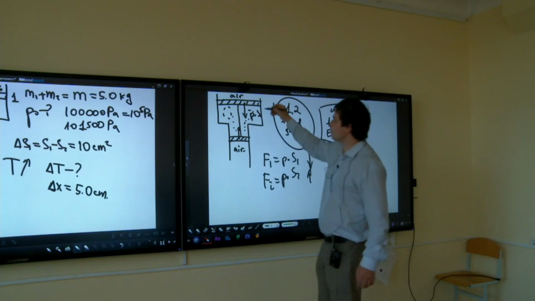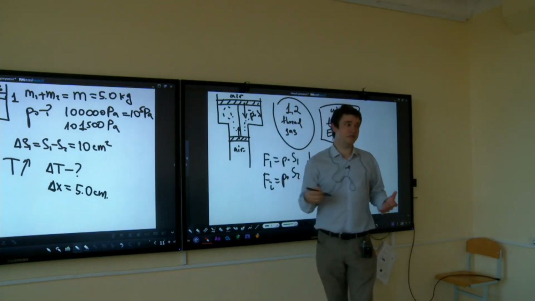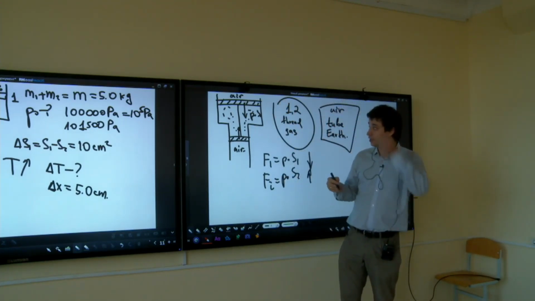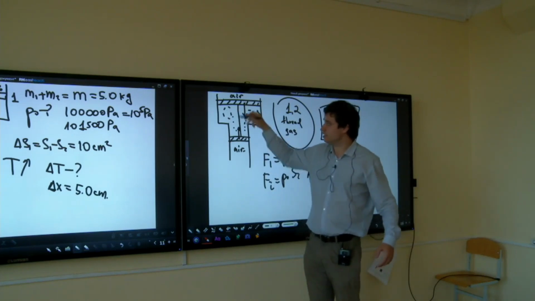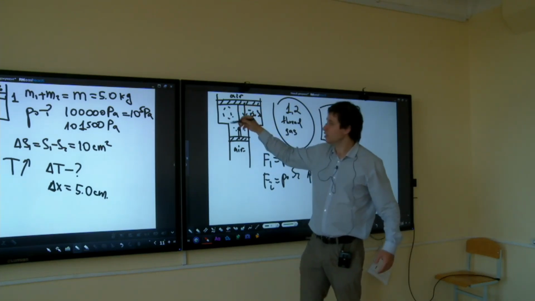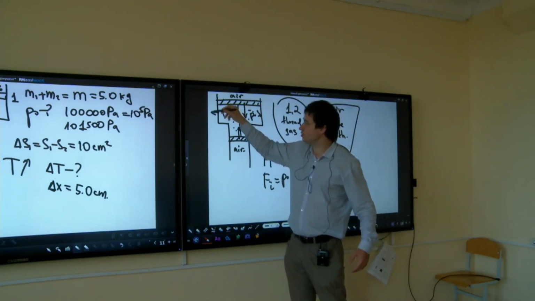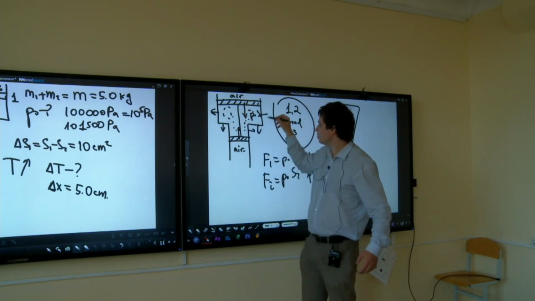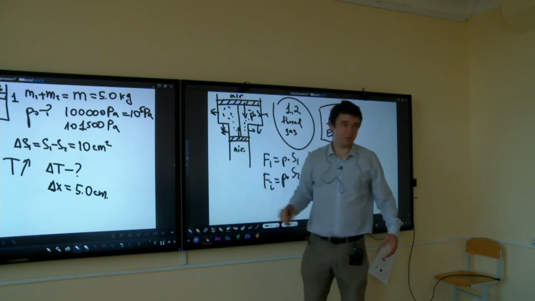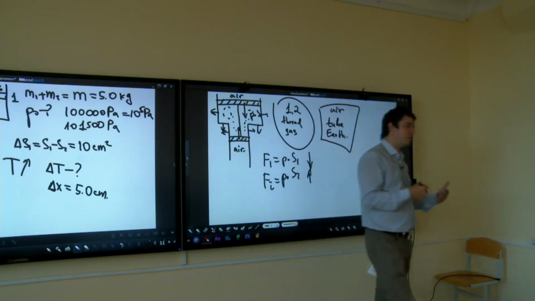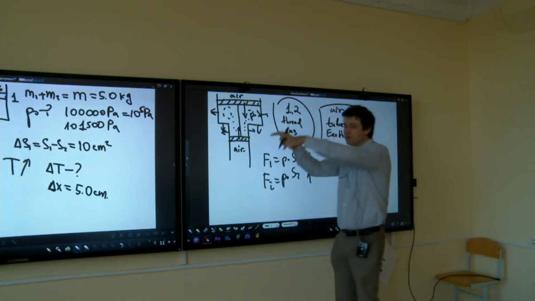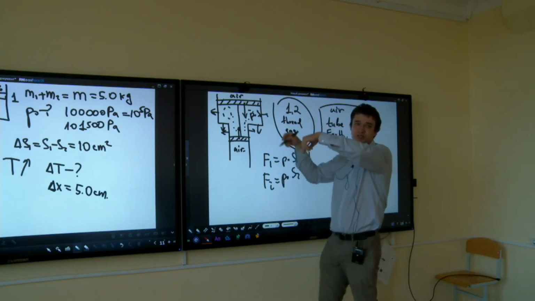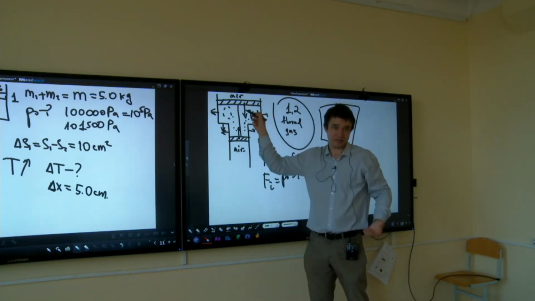Also, I have, according to the third Newton's law, my gas in between these 2 pistons exerts pressure on side walls of the tube. But according to the third law, that means that side walls of the tube exert a force onto the gas.